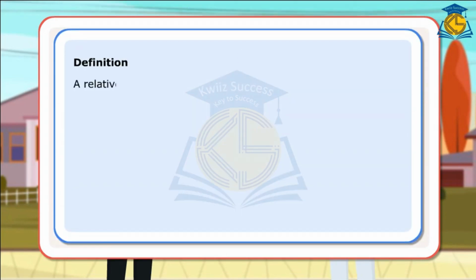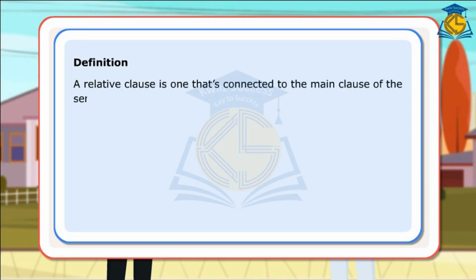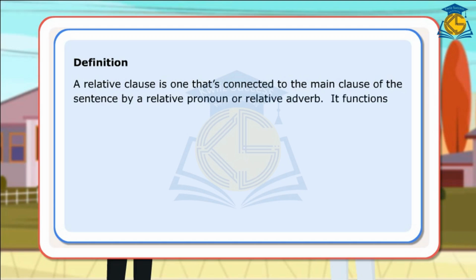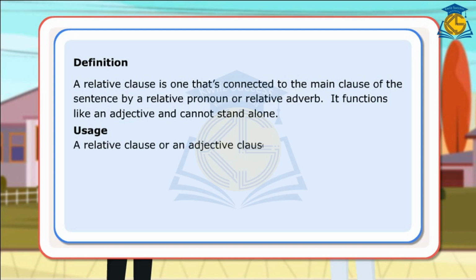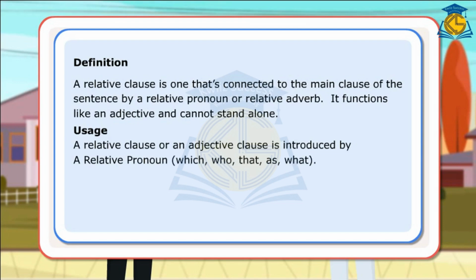Definition. A relative clause is one that's connected to the main clause of the sentence by a relative pronoun or relative adverb. It functions like an adjective and cannot stand alone. Usage. A relative clause or an adjective clause is introduced by a relative pronoun: which, who, that, as, what.